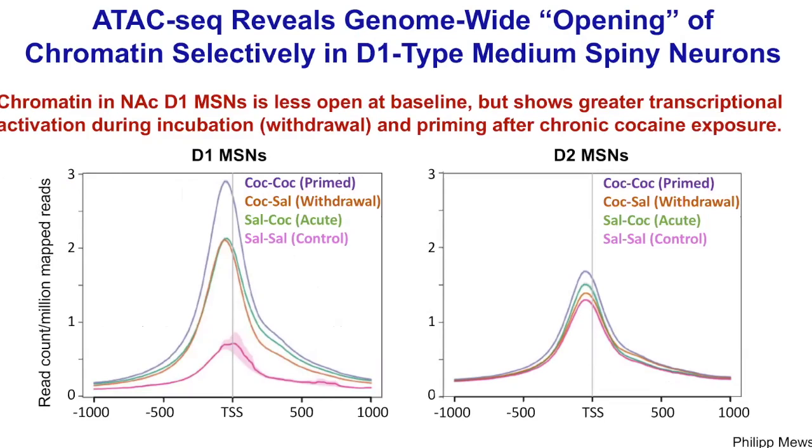Philip isolated D1 medium spiny neurons and D2 medium spiny neurons under the 4 cocaine conditions that I've already described: control, acute, 30 days withdrawal, 30 days withdrawal plus the priming dose, and now comparing the nucleosome spacing responses between the two cell types. So one sees very interesting comparisons. Under control conditions, you can see that in general, overlaying at the transcription start site genome-wide, many more genes are open in D2 neurons than they are in D1 neurons.